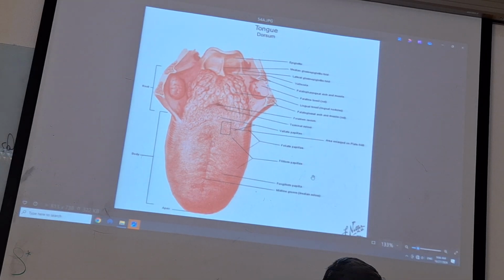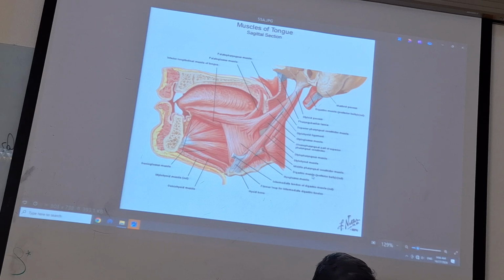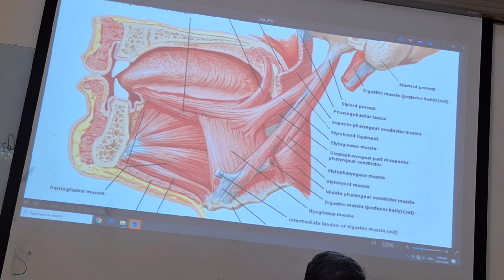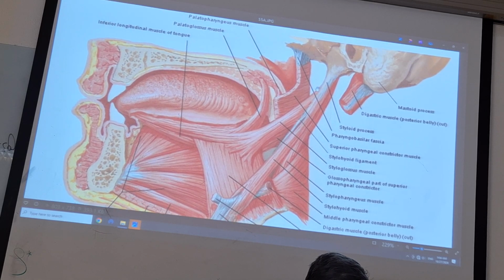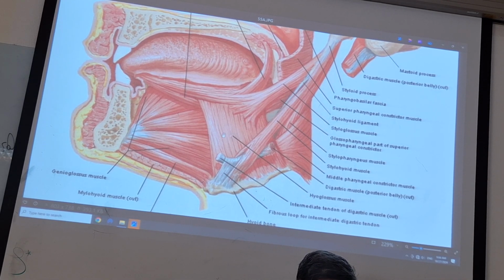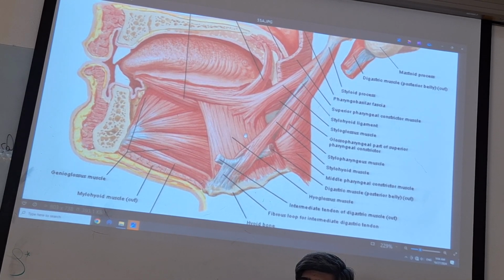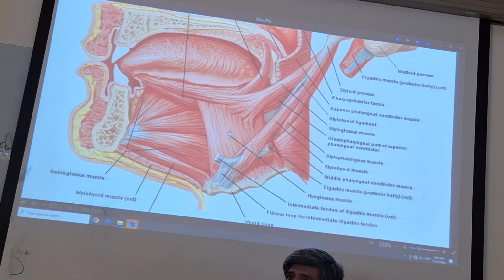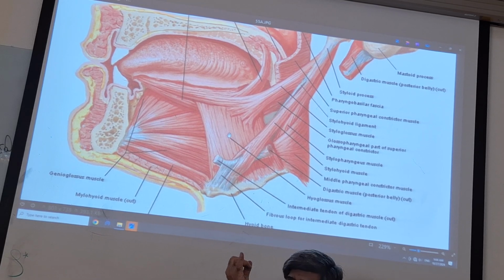Another tongue topic: genioglossus, styloglossus, hyoglossus. Hyoglossus relations: which structures are related to the superficial surface?